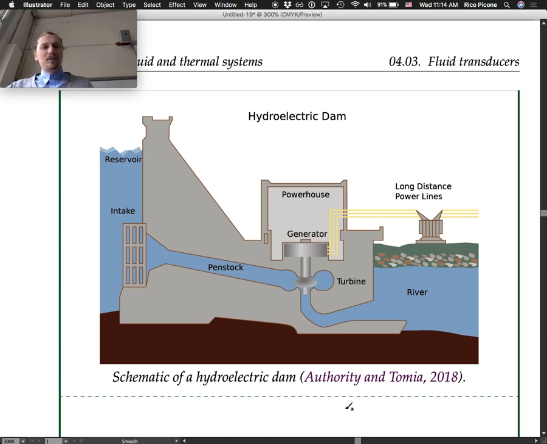So it's pretty cool. I like this figure. There's the reservoir, and then there's an intake to the penstock, which, notice, there's a drop in elevation there. It drives through the turbine out into the river below. The generator is being turned by the turbine, and that generates the electric power.